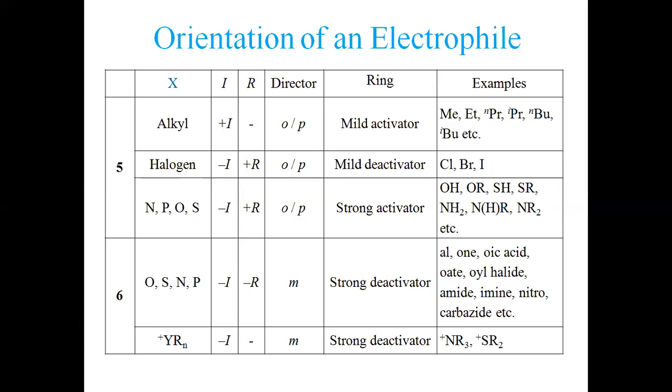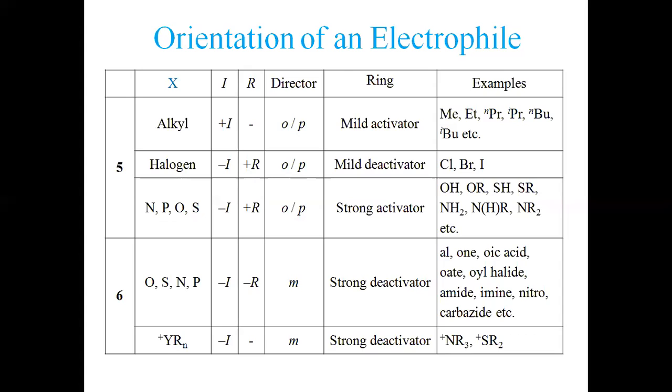If it is halogen, let's see, the halogen has 3 non-bonding electron pairs: bromine, chlorine and iodine. It shall have 3 non-bonding electron pairs. High competition. As a result, it shall show the very same behavior, minus I by inductive effect. By resonance effect, it shall be plus R because it is contributing electron density.